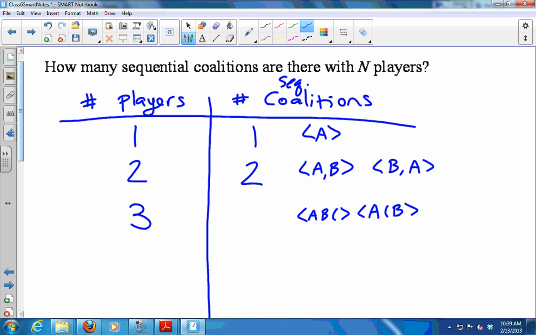We'll have A, then B, then C, or A, then C, then B. Then we'll list the coalitions that start with B. So we could have B, A, C, or B, C, A. And then list coalitions that start with C. If we start with C, we could have A, B next, or B, A. So that makes 6 coalitions.